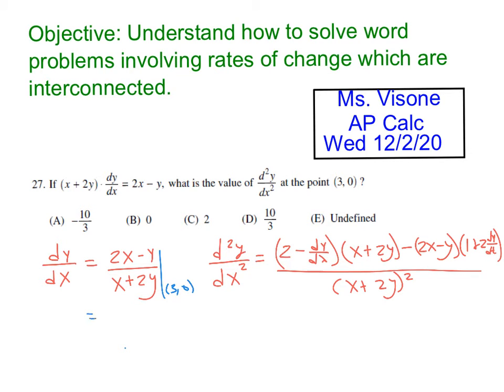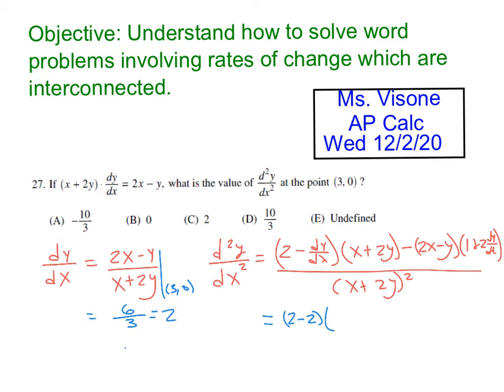So that's 6 over 3, which is 2. Then I went in and substituted. So I get 2 minus 2, so that whole thing is just 0.